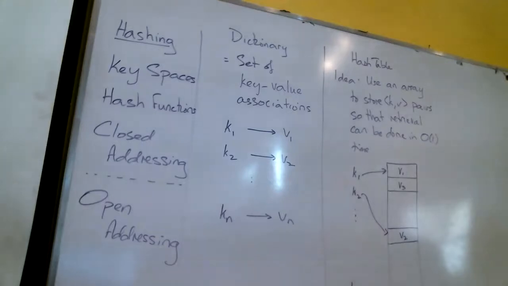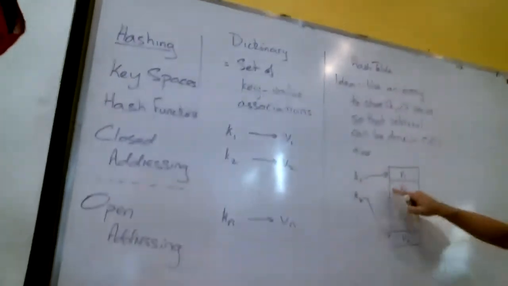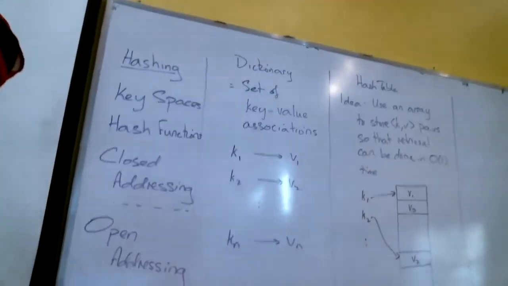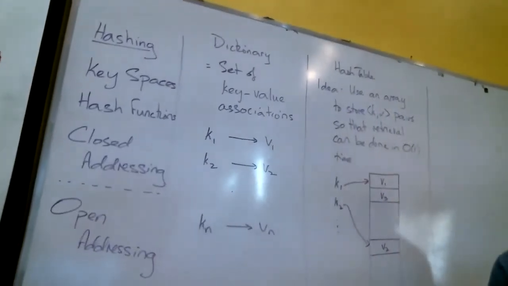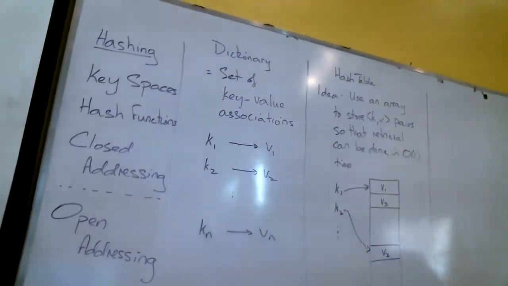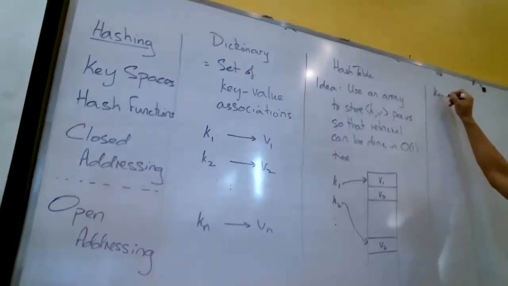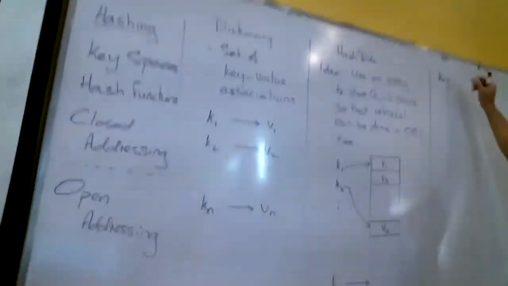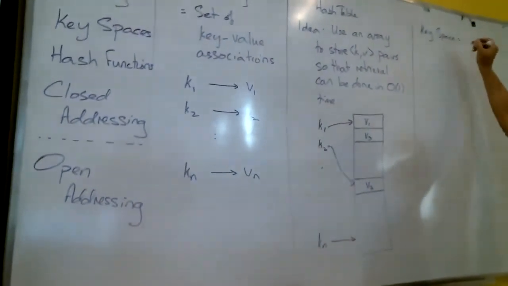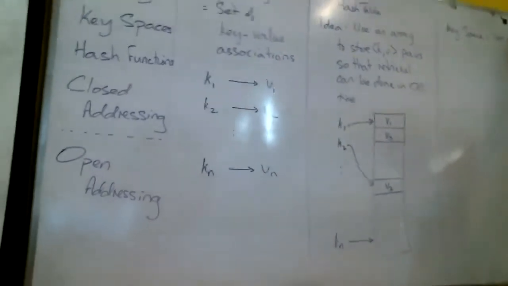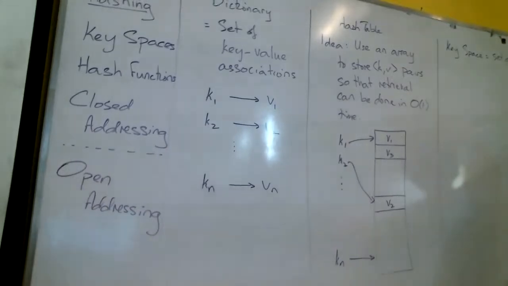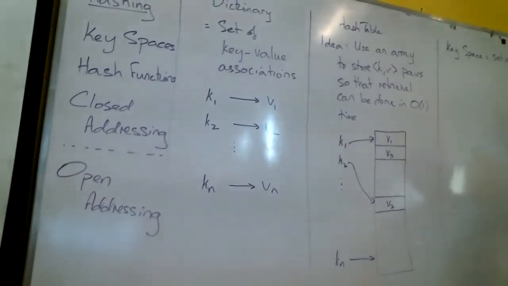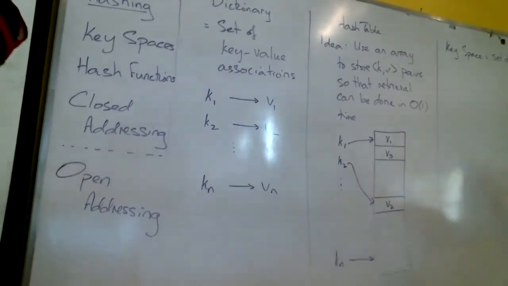If we could do that. So this is the idea. The problem is that the set of values that the keys could take on, that's known as a key space. That's the set of possible keys that you could have.